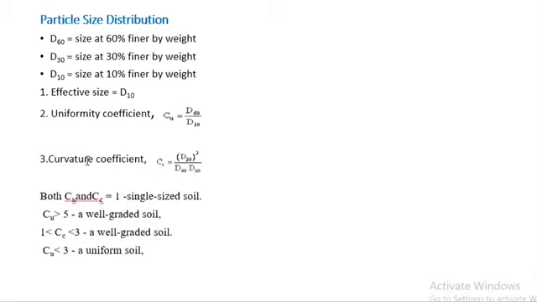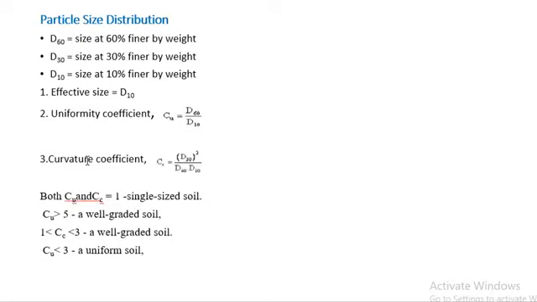Particle size distribution. D60 means the particle size at 60% finer by weight, D30 the size at 30% finer by weight, D10 the size at 10% finer by weight. The effective size is known as D10, and the uniformity coefficient C_U is equal to D60 by D10.